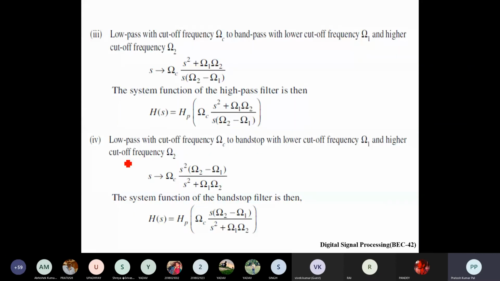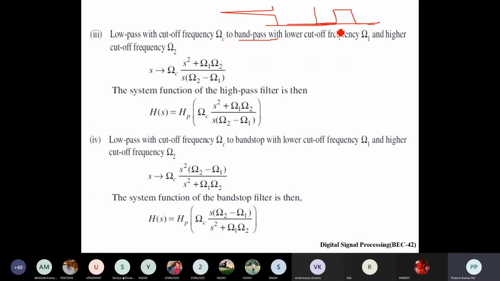Okay, similarly, if a low pass filter is given that has cutoff frequency omega c, and we need to convert it into a band pass filter, then the magnitude response of a band pass filter looks like this. Some range of frequencies will be passed: at the start it will not pass, then it will pass with higher magnitude, then again it will stop.